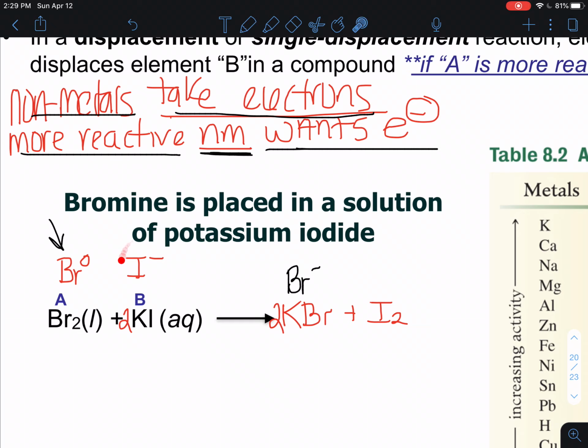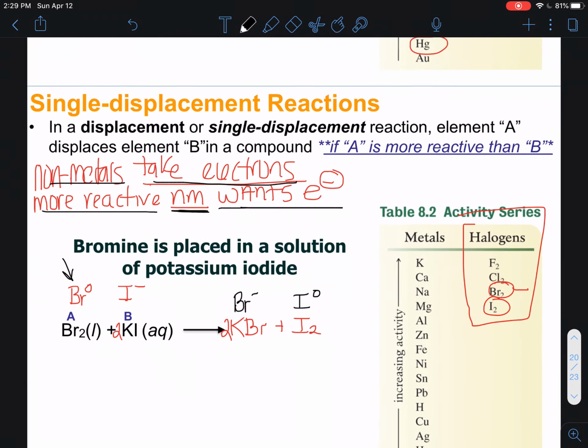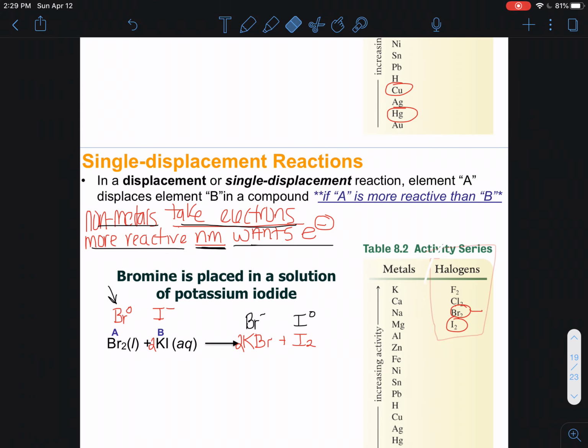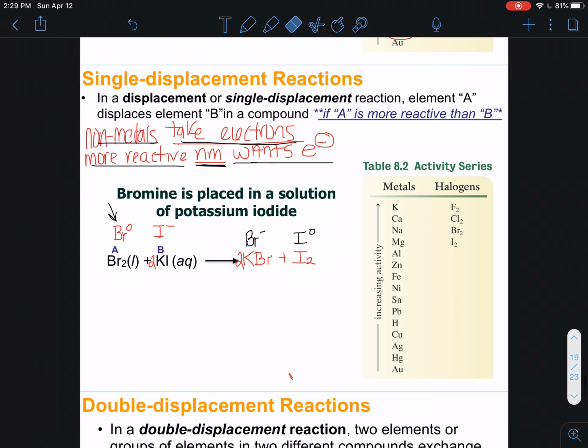I2, or iodine, was -1. Now, because it's in its diatomic, covalent form, its charge is now 0. That is why they switch. That is what it means to be more reactive in terms of halogens. That is how we use the reactivity series for single displacement reactions.